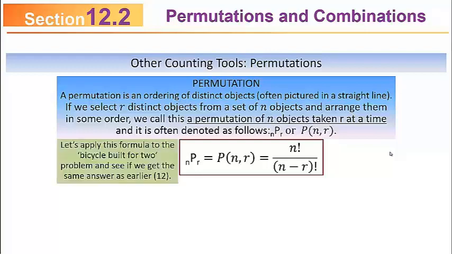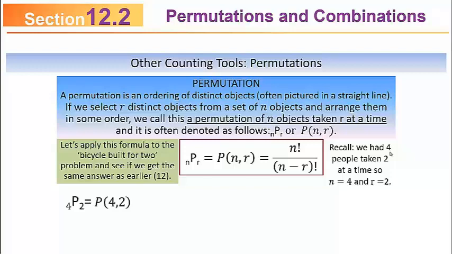Now let's apply that formula to the bicycle built for 2 problem and see if we get that same answer, which was 12 that we got earlier. So let's plug them in. We had 4 people, so N is 4. We took them 2 at a time, so R is 2. So if you plug in 4 for N and 2 for R, you get 4 factorial over the quantity 4 minus 2 factorial.